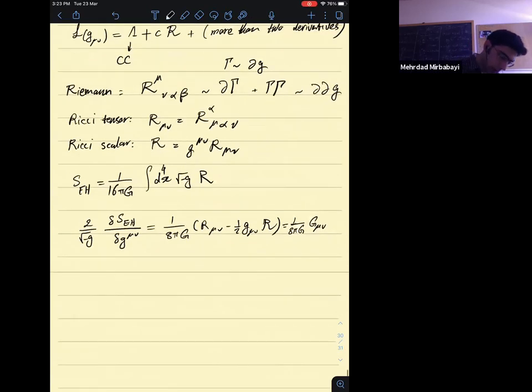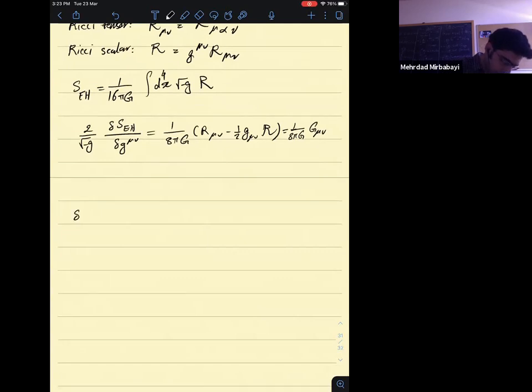Now if we vary the total action with respect to g mu nu, and also put 2 over the square root of minus g, and if you remember my definition of the energy momentum tensor, this variation gives me 1/8 pi G times G mu nu, the Einstein tensor from the Einstein-Hilbert part, and then minus the matter energy momentum tensor.